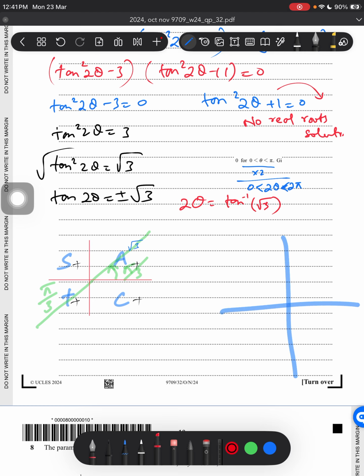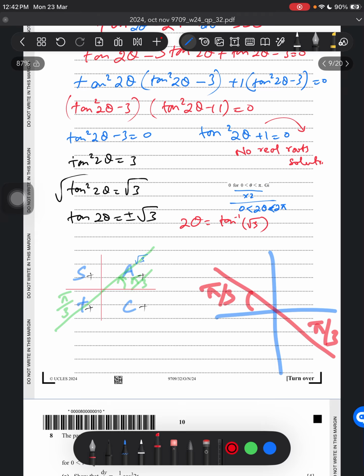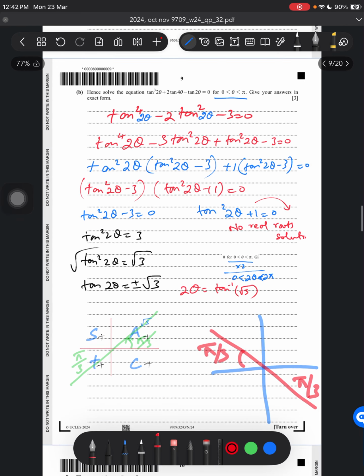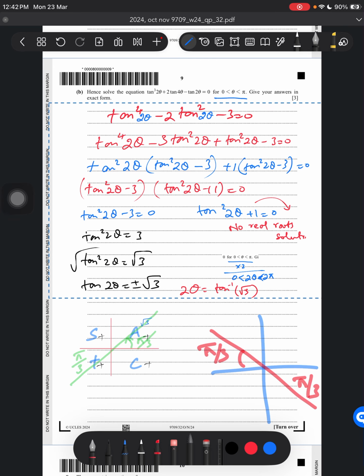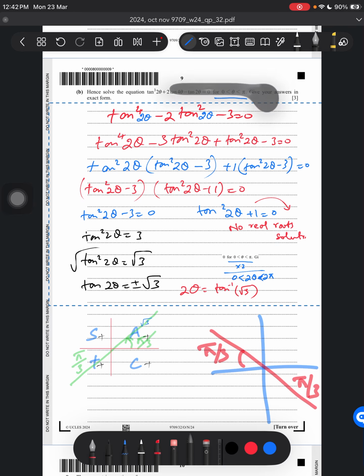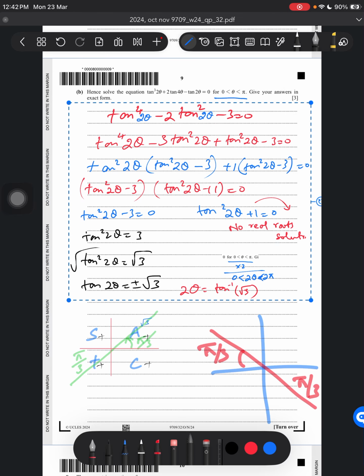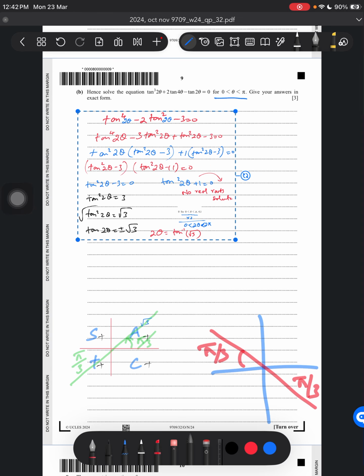So the other basic angle would be negative, and it goes from this basic angle, pi by 3 and pi by 3. So when we know this, we can have the working here. Let me just make some space here by resizing this.